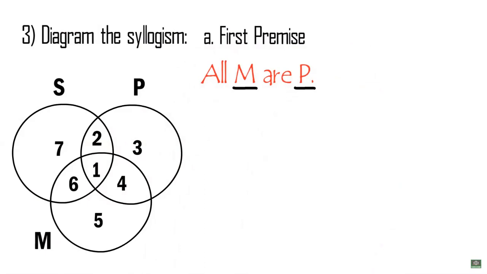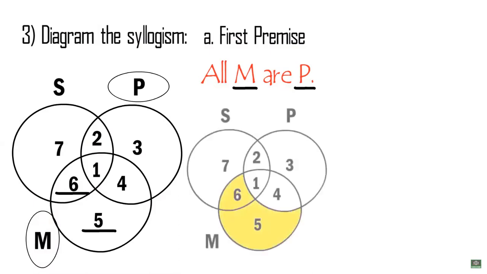Hence, we will diagram M and P only. Since the premise says all M are P, that is, all members of M are members of P, we will shade areas 5 and 6 to show that all members of M, which are areas 1 and 4, are part of P. The Venn diagram of the syllogism now looks like this.